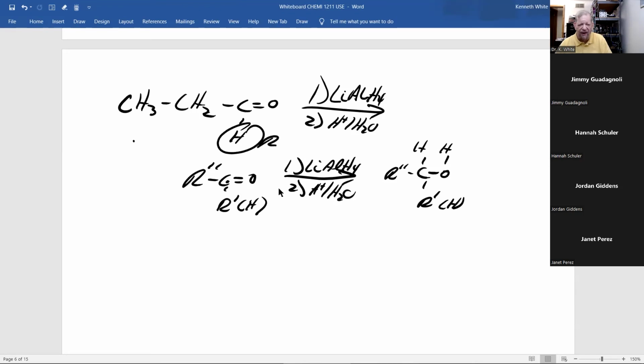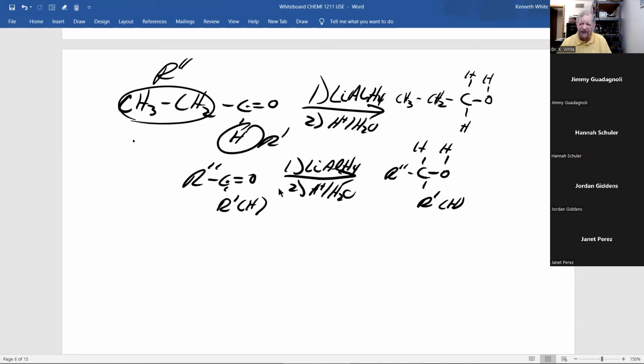So this is my R prime, which is an H, R double prime. Keep the eye on the carbonyl carbon. H is still there. My 2 carbons are still there. And I break the pi bond, and I make this alcohol.